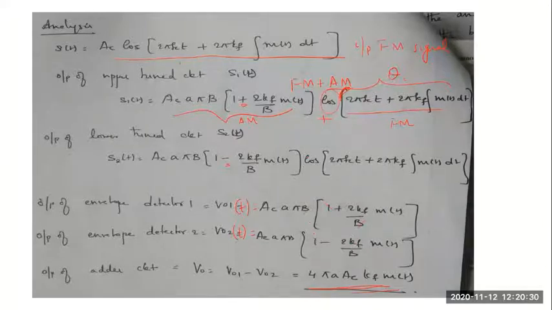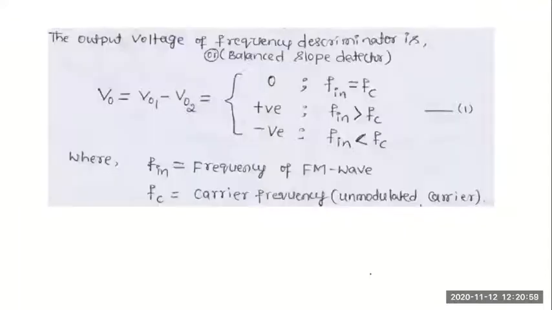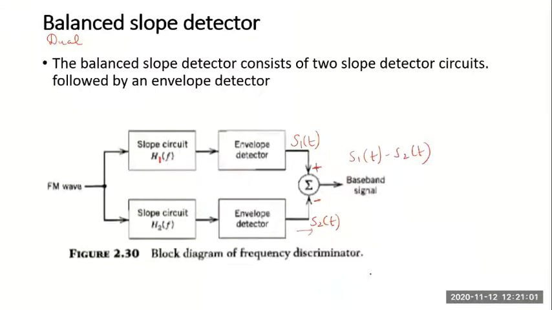So as you can see, the final output gives us a signal which is proportional to the message m of t. You are able to get back the message scaled with some other amplitude 4 pi a A_c kf. That scaling factor doesn't matter to us. Irrespective of the magnitude of the message, if you are able to detect the message correctly, your job is done. This is the essence of the balanced discriminator or the dual slope detector.